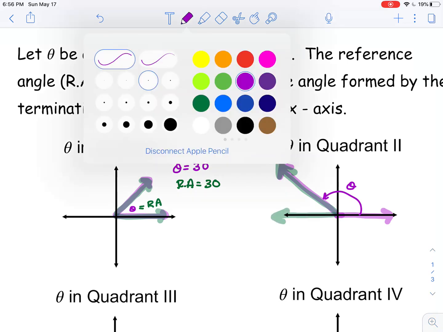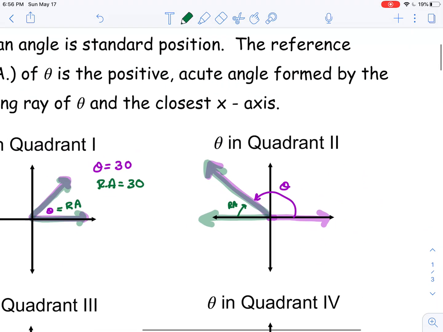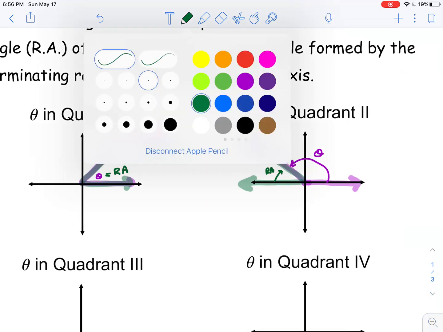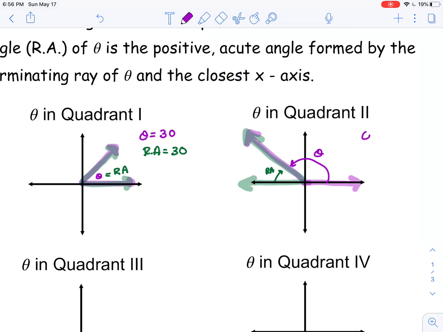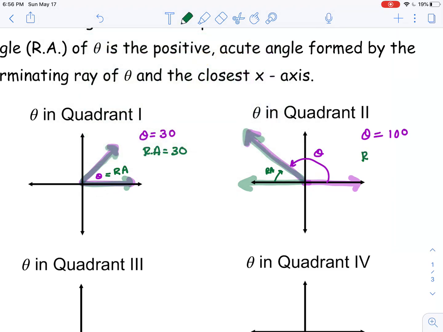So this distance here is my reference angle. So if my theta was, let's say, 100 degrees, my reference angle is going to be 180 minus 100, or 80 degrees.